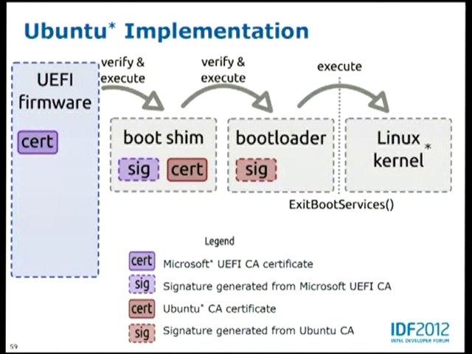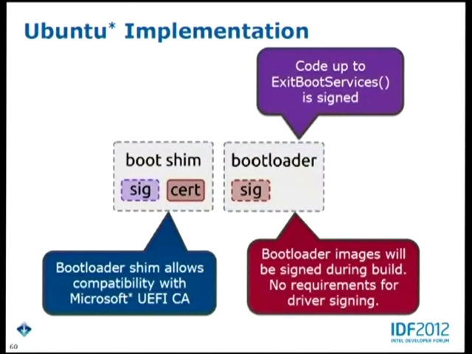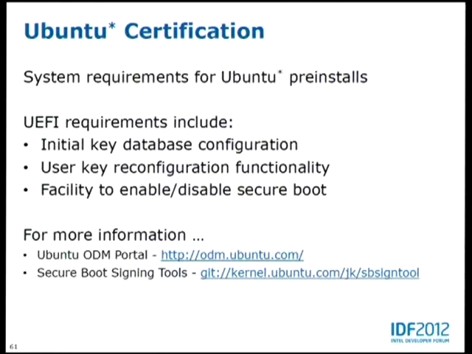That's the cert that you see here on the bottom of the screen. So the Ubuntu implementation is sort of punting as far as maintaining the chain of trust, and their bootloader is not going to check their kernel to see whether or not it's been signed. So that's their Ubuntu certification.